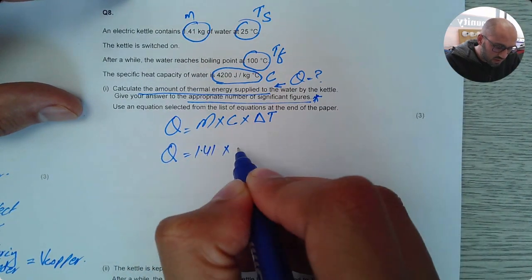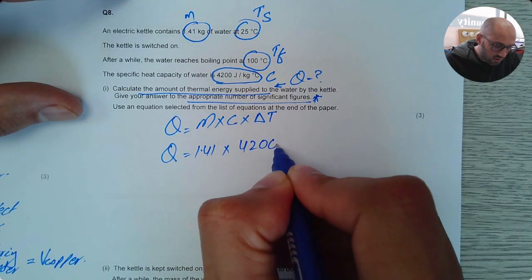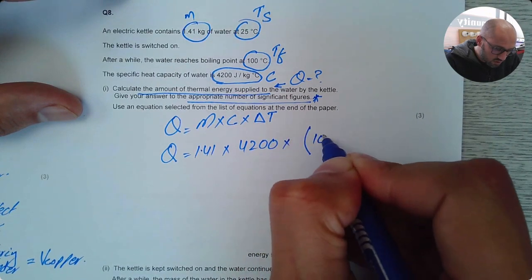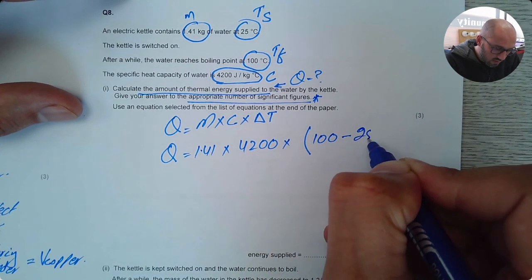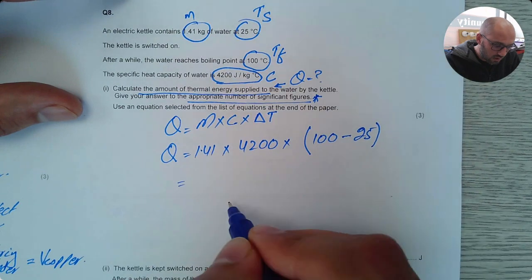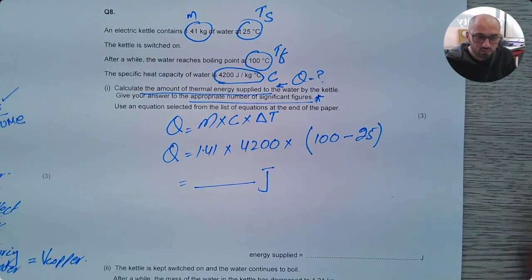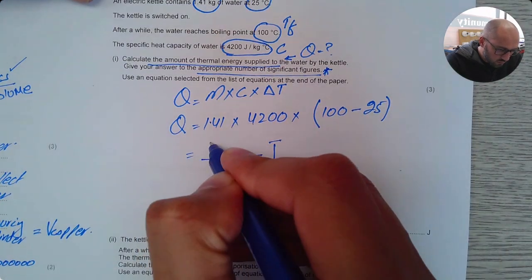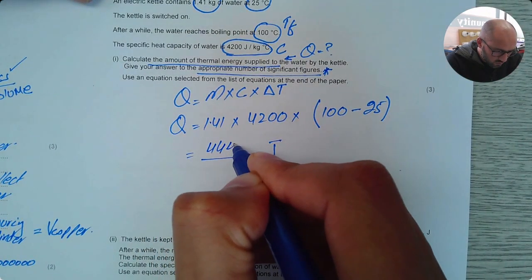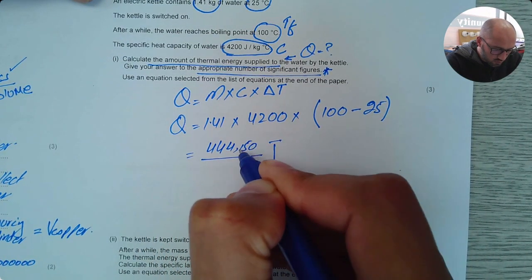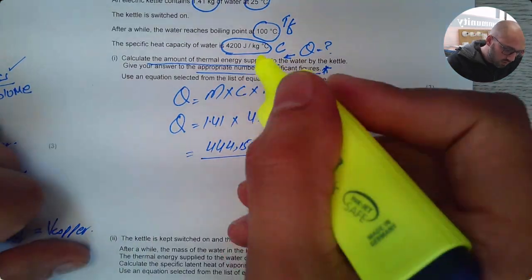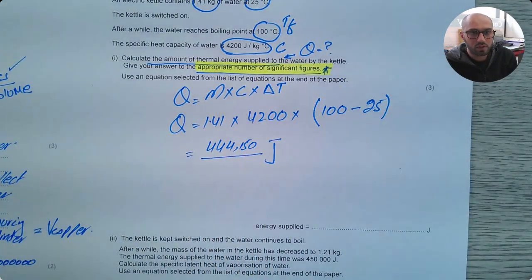The value of specific heat capacity is 4200 times by final temperature is 100 take away 25. If you plug it in your calculator, you will end up with a value in joules. The answer will be 44,150 joules.